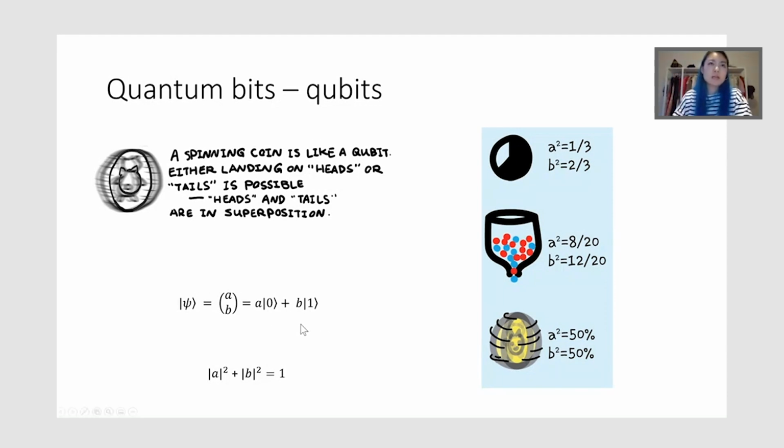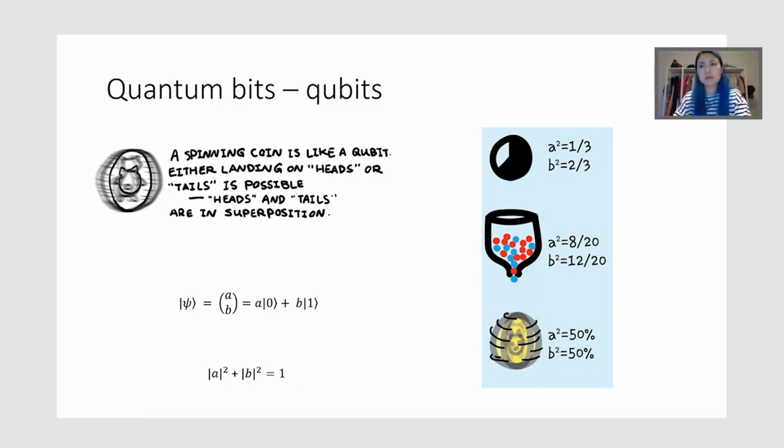And A and B can be any number. These are amplitudes. They can be positive, negative, or complex numbers. And this is very significant later on when we talk about interference. That becomes very useful. So for now, you will just see that A and B are two amplitudes, and all we need to make sure is that their probabilities add up to 1. This makes sense.